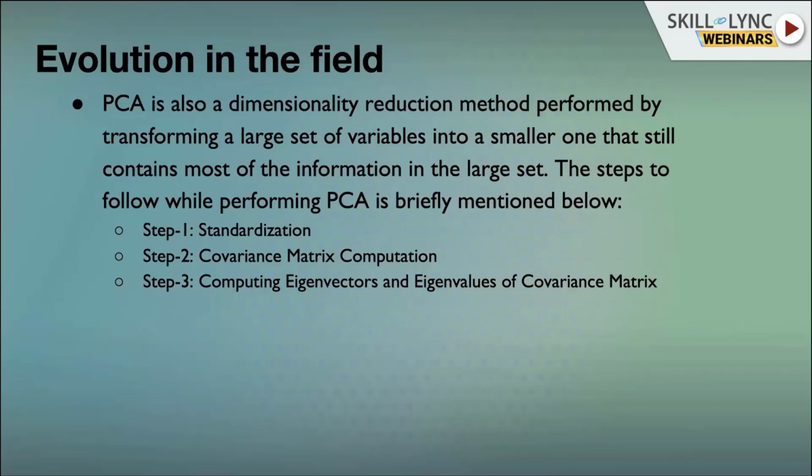And then finally, step three is computing eigenvectors and eigenvalues of this covariance matrix. Eigenvectors and eigenvalues, like I said before, are a crucial concept in linear algebra, and their implementation is huge in computer science and all other fields. And we rely on this concept a lot.